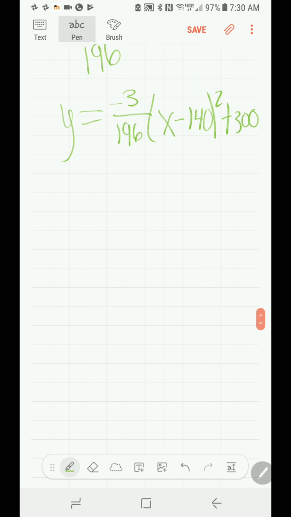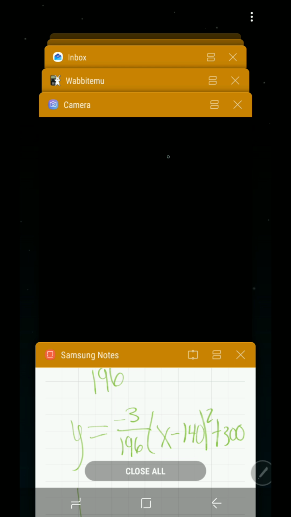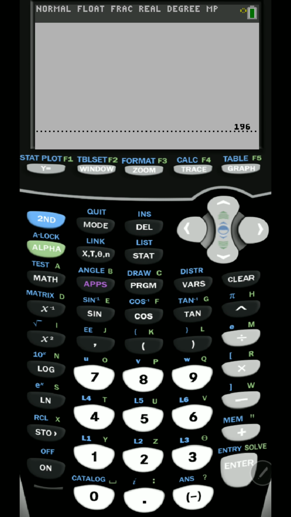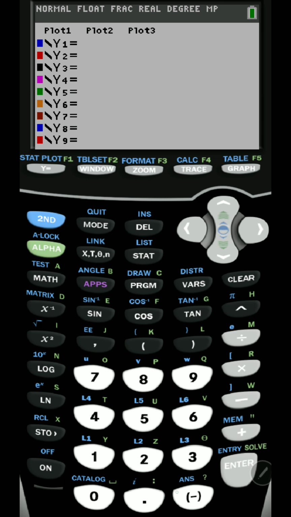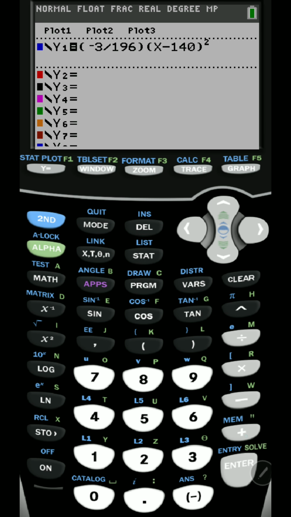Okay, now the tricky part is to find out, given this parabola, which we will graph here. Let's take a look at this parabola. Negative 3 over 196 times x minus 140 squared plus 300.